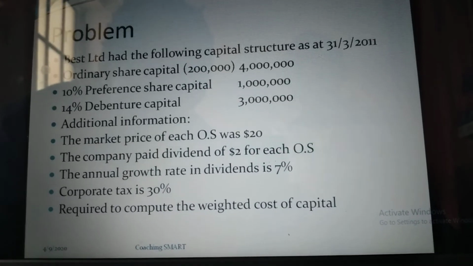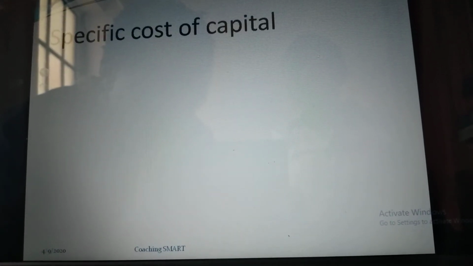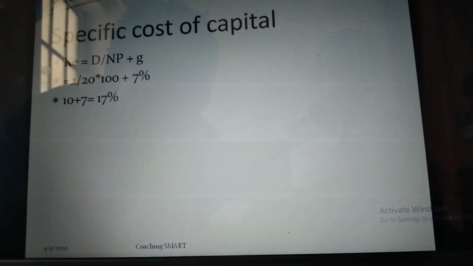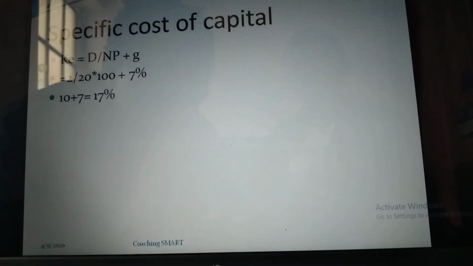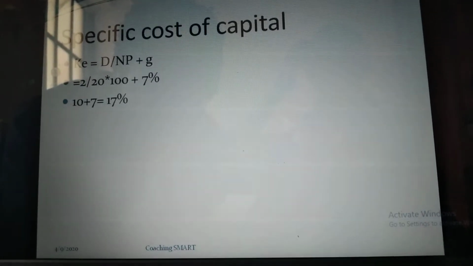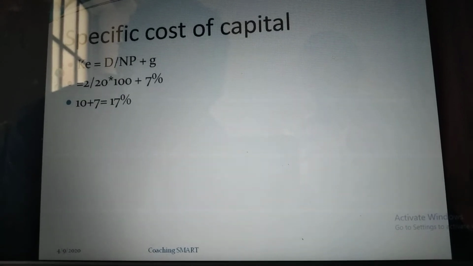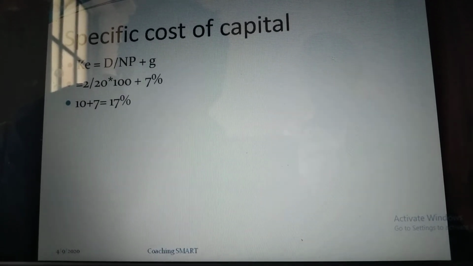Now, this is how you do it. Specific cost of capital. From the question, what you realize is that already we have been given the specific cost of capital. For equity, it is not there. So it is now upon us to do the calculation.